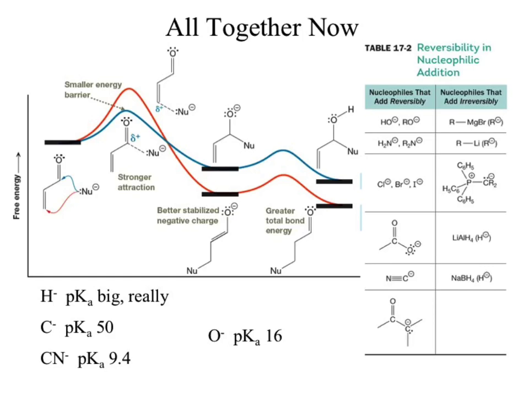If I run a reaction under new conditions where my nucleophile is now a reversible nucleophile, which product do I get first? Kinetic, but the kinetic product is now reversible, and the product I get at the end is thermodynamic. And the thermodynamic product is now irreversible.